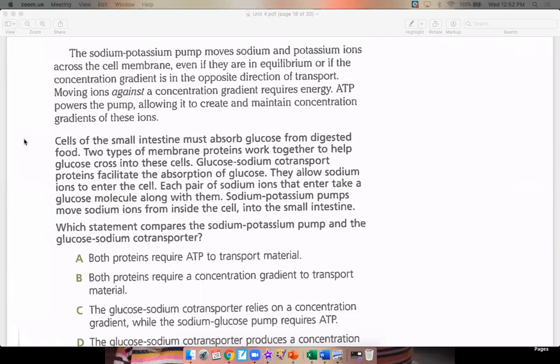Moving ions against the concentration gradient requires energy. ATP powers the pump, allowing it to create and maintain concentration gradients of these ions.